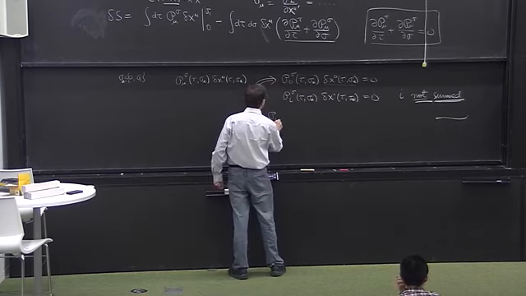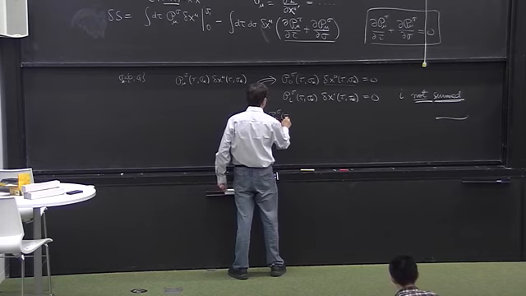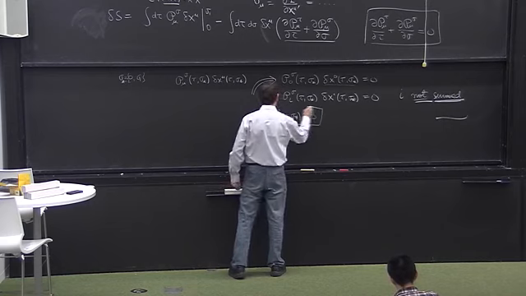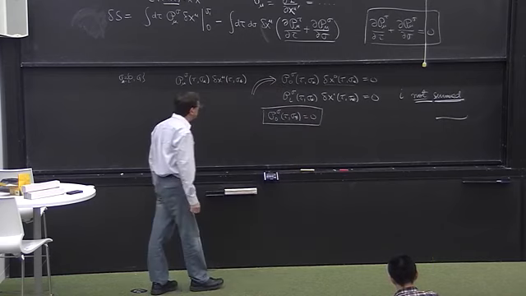And therefore, this cannot be 0. So we must always have P0 sigma of tau sigma star equals 0. That must be imposed, and that's the only thing you can do.